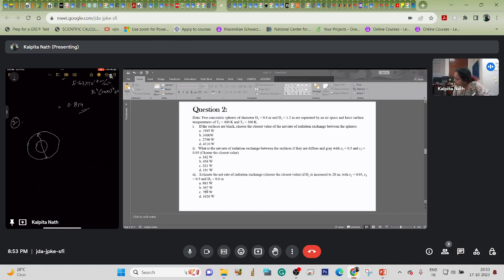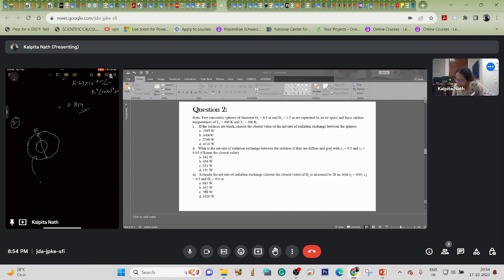The outer part has diameter d2 equal to 60 mm, T2 equal to 42 degrees Celsius, and the inner emissivity is equal to 0.01. Sorry, I did something wrong. This was for a later question, sorry.